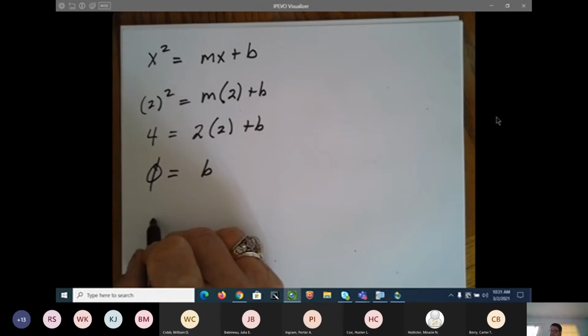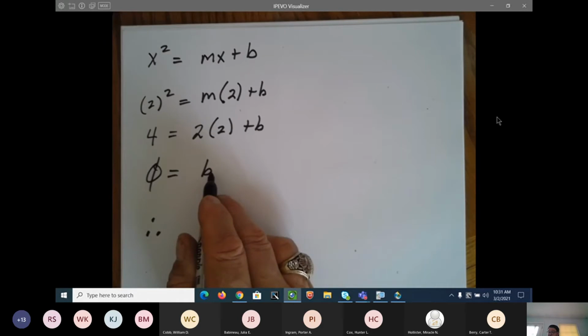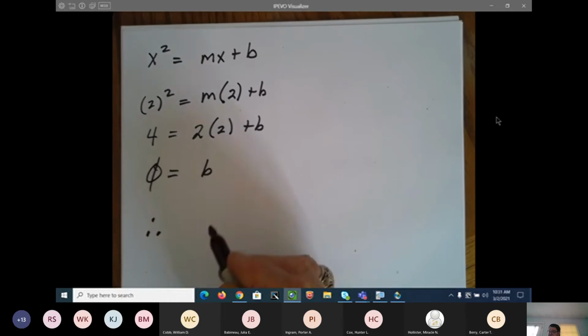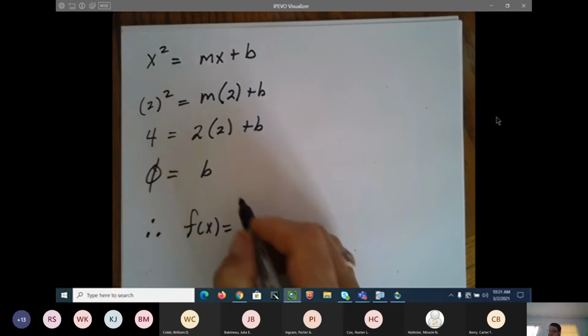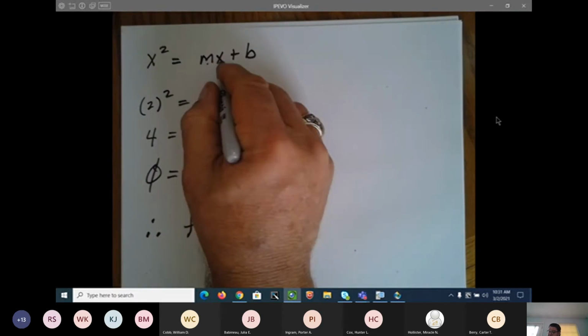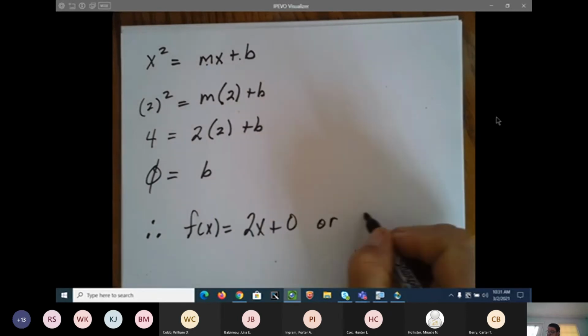Therefore, our question comes back to be, what does it come out to be? Hold on. Solve for b. So we've got f of x is equal to 2x plus 0, or 2x.